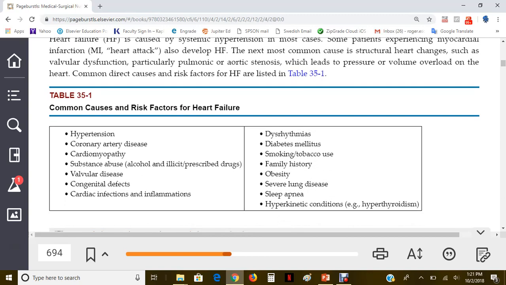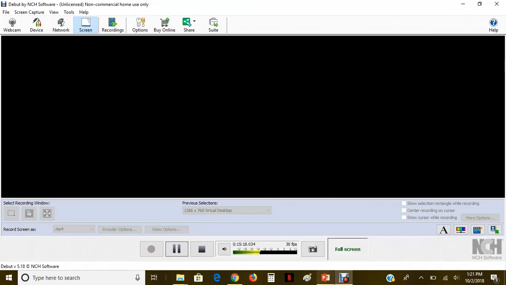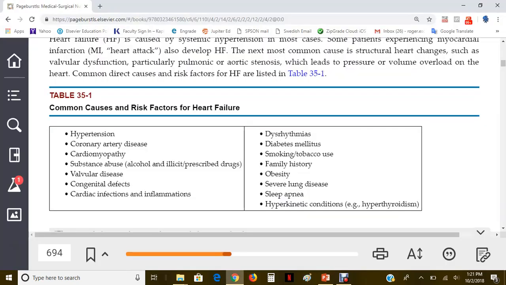Let's now talk about the common causes and risk factors for heart failure. Table 35-1. Hypertension. Hypertension increases afterload. So at this point I will only be using preload and afterload, so I really hope you understand the concepts.